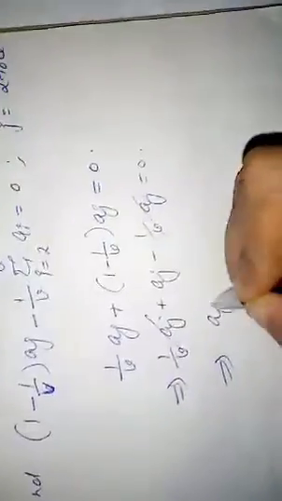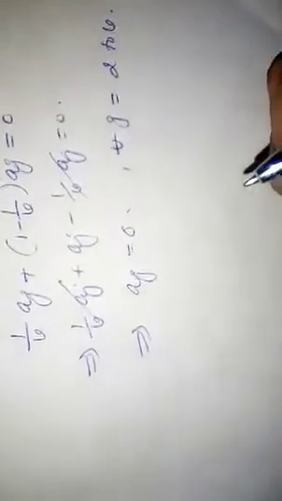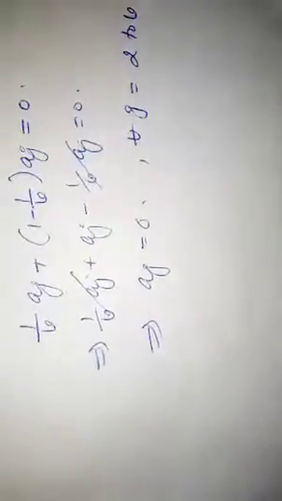Then this term got cancelled, which implies aj equal to 0 for all j from 2 to v. Therefore, the last v minus 1 rows are independent.